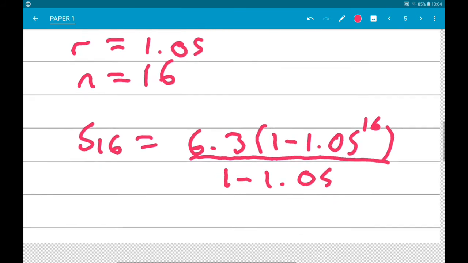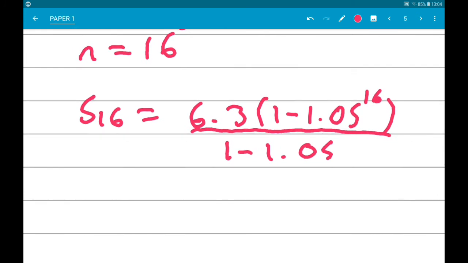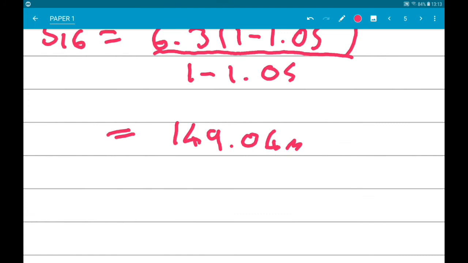Now that gives us 149.04 minutes. Now we need to convert the 0.04 minutes into seconds. So multiply it by 60 and we get 2.4, which rounds down to 2 seconds.